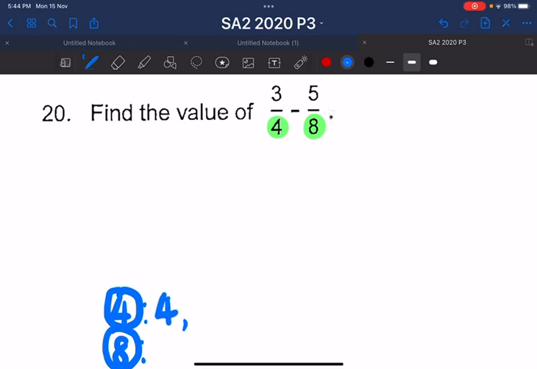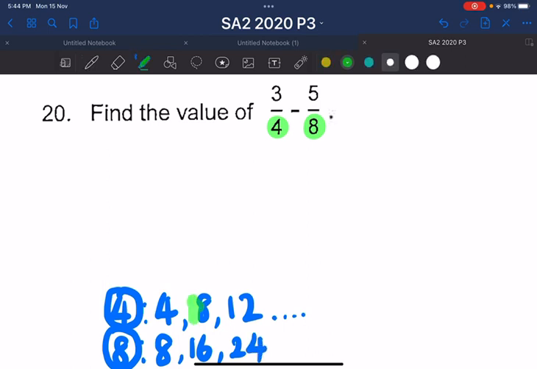So we have 4, 8, 12. Alright, of course you can continue, but I'm going to stop here because I see that the numbers are repeating already. 8 times table will be 8, 16, 24. Alright, now do you see a number that appears for both? 8 is repeated.